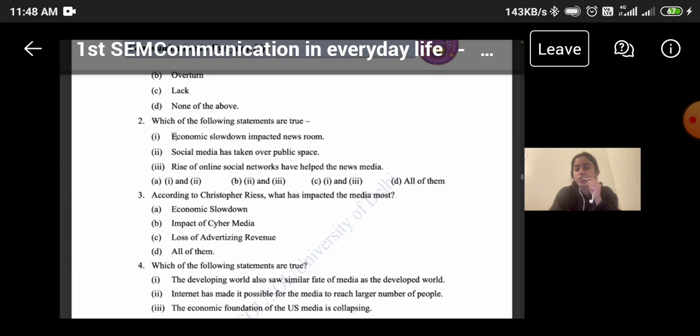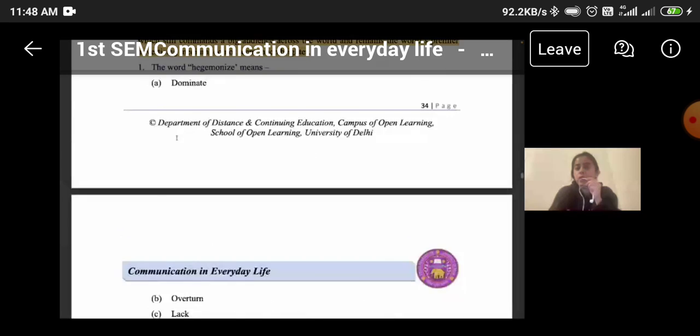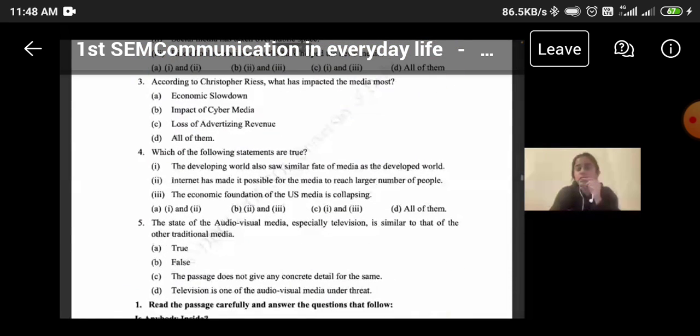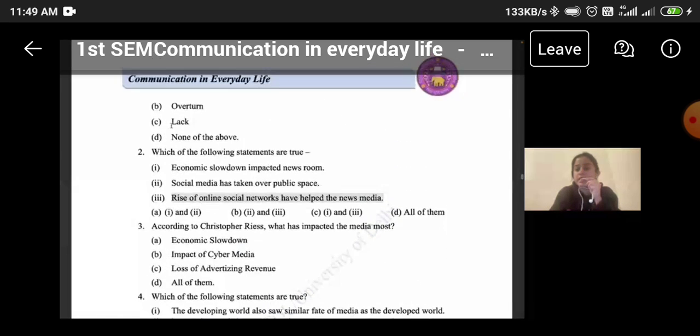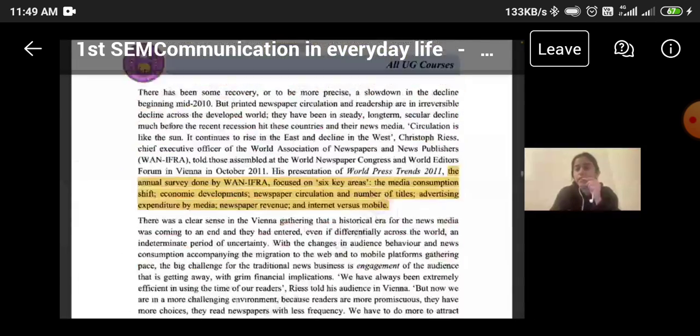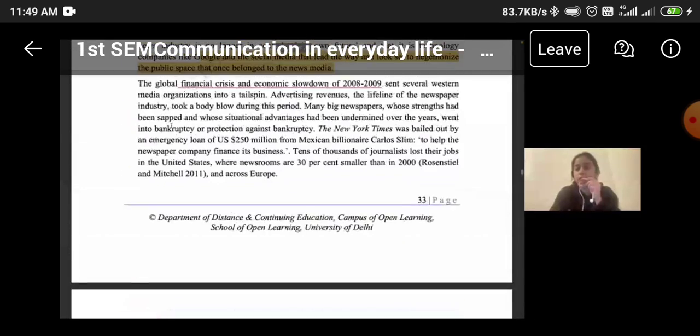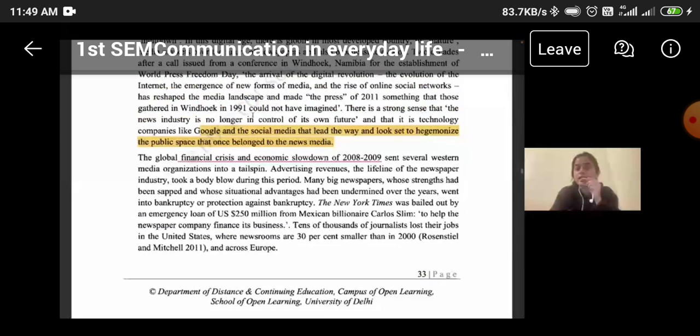So as we went across the passage that we just read, nowhere is it pointed out that the rise in social media networks has helped the news media. When we are drawing logic, we can logically make this out when we read this statement.